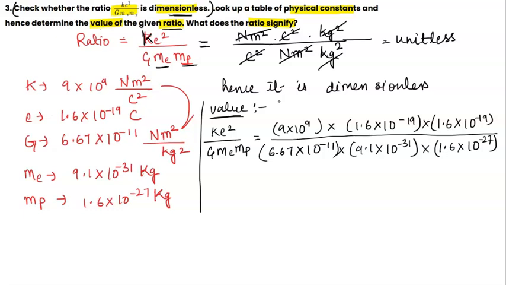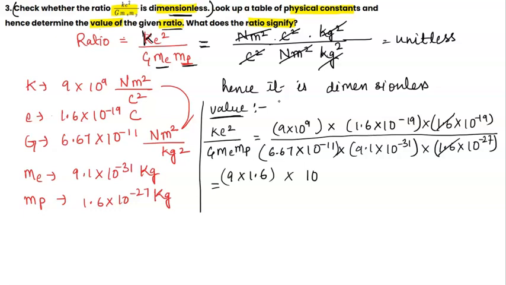Now we can cancel this 1.6 and 1.6, and the golden rule is that we need to separate the numerical terms and the power terms. For the numerator, 9 into 1.6 is the numerical term, and the power term is 10 to the power 9.